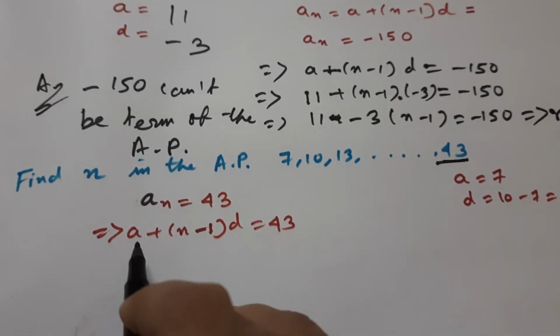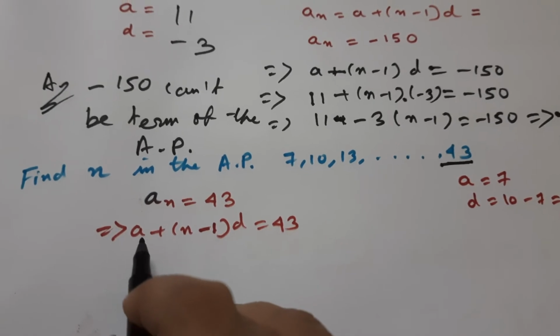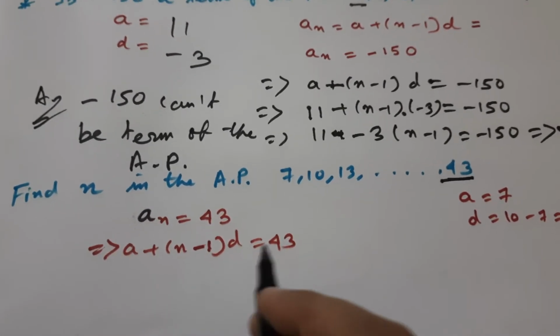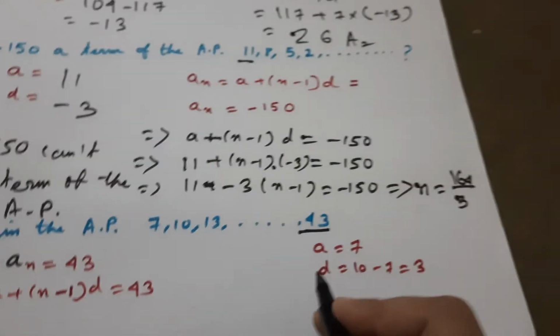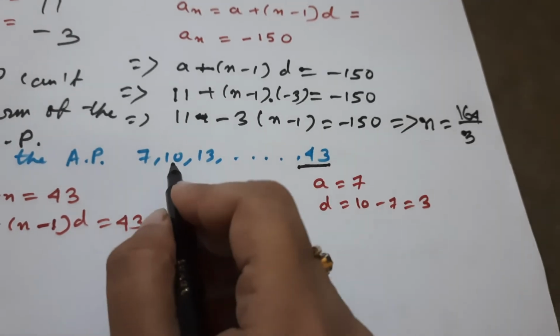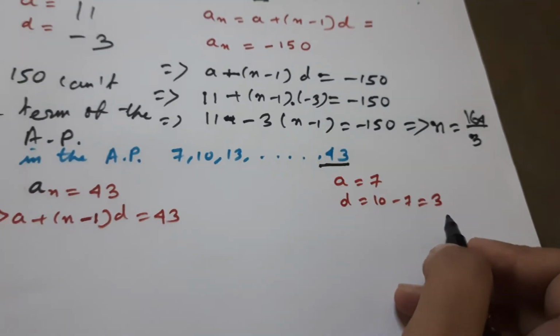The formula for the nth term of an AP is a plus (n minus 1) into d. Here a is the first term, which is 7, and d is the common difference, 10 minus 7, which is 3.